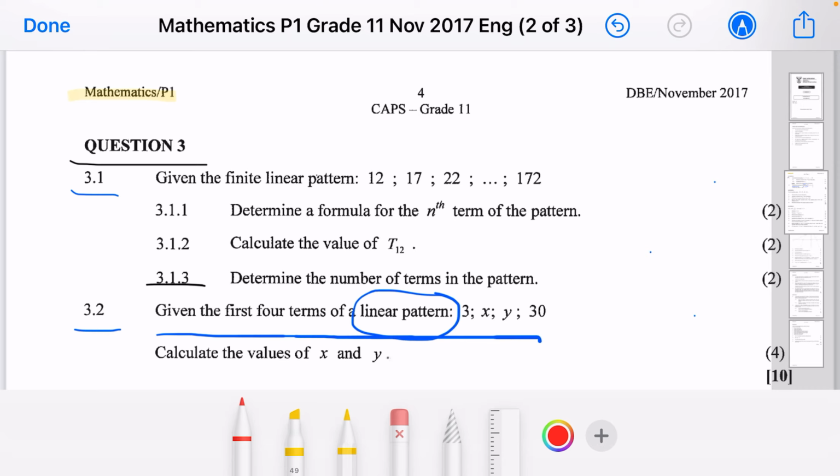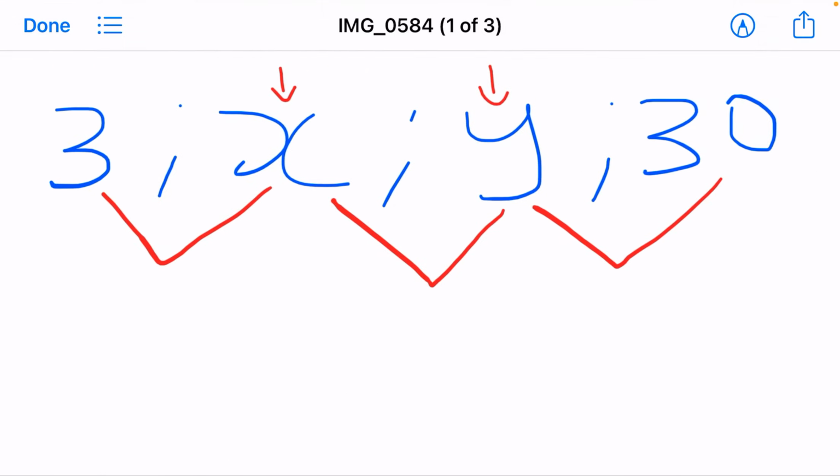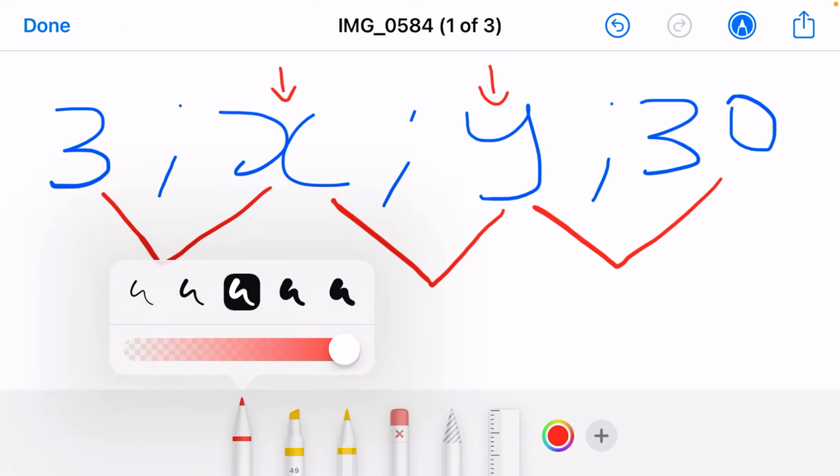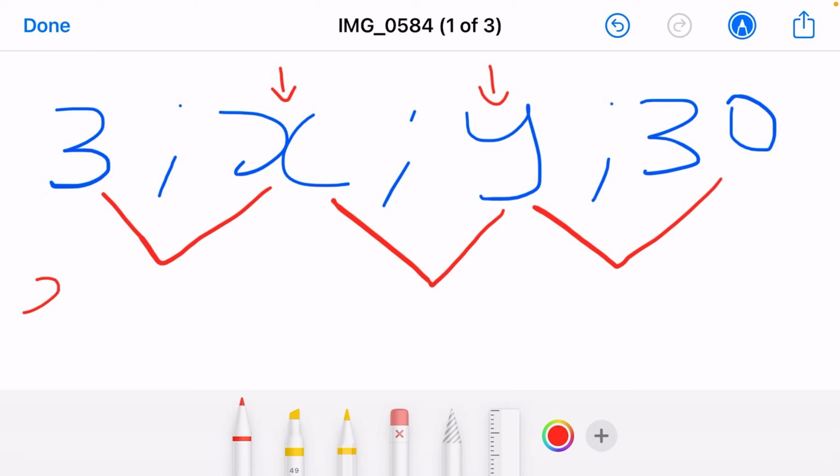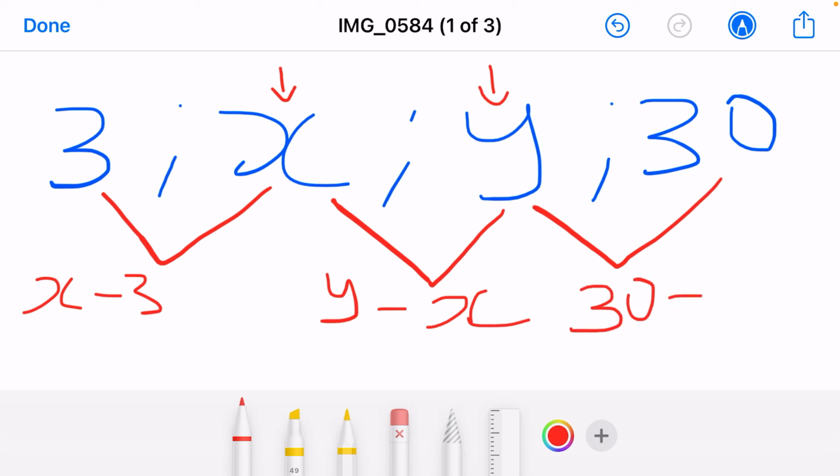Okay, so obviously it means you already know that over there you've got x minus 3, and again you've got y minus x over there, and then again you've got 30 minus y over there, ladies and gentlemen.